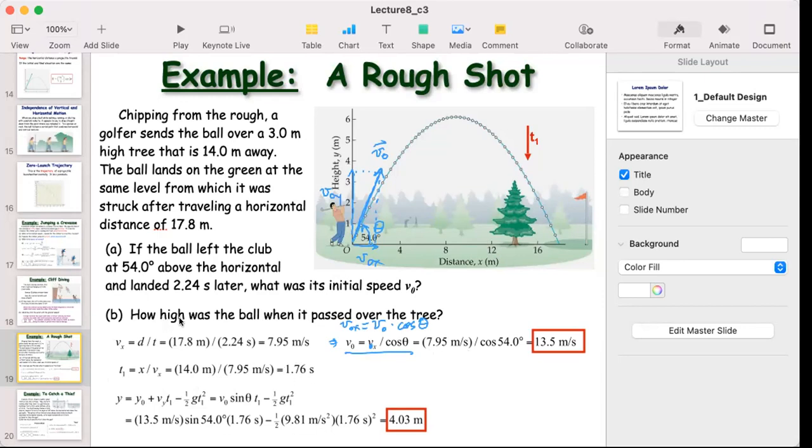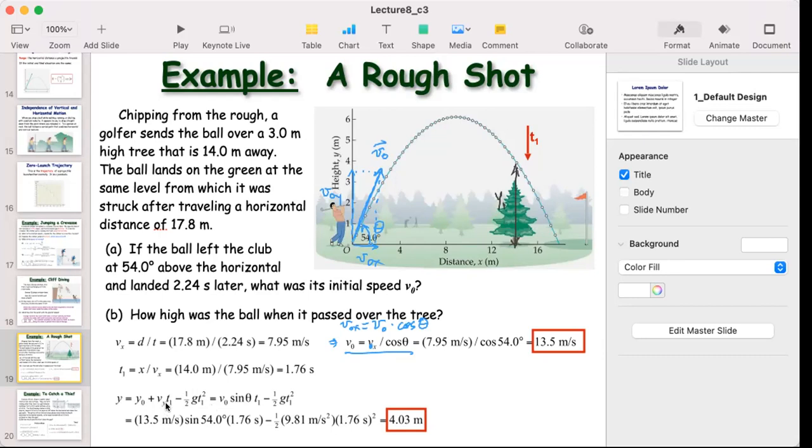Now, how high was the ball means that I'm looking for y, the y displacement. So y is equal to y naught plus vy t1 minus 1/2 g t1 squared. y naught is 0 because it gets kicked from the ground.